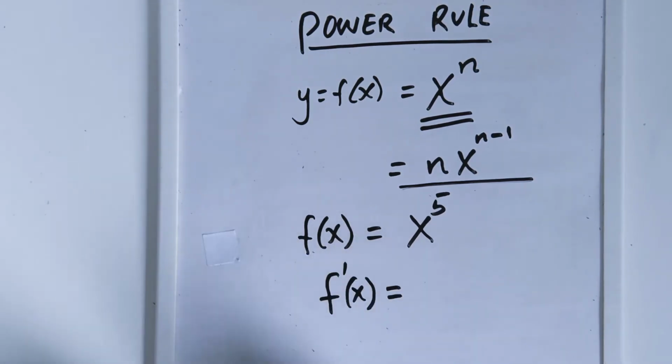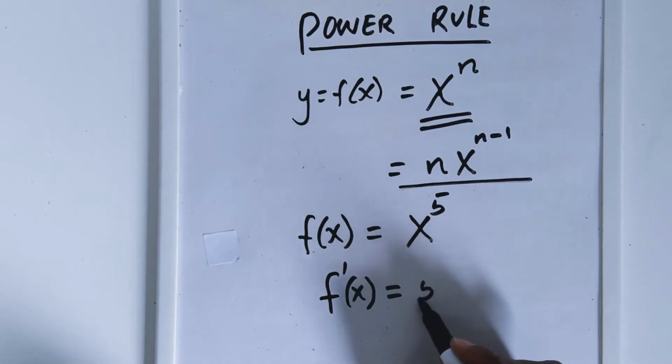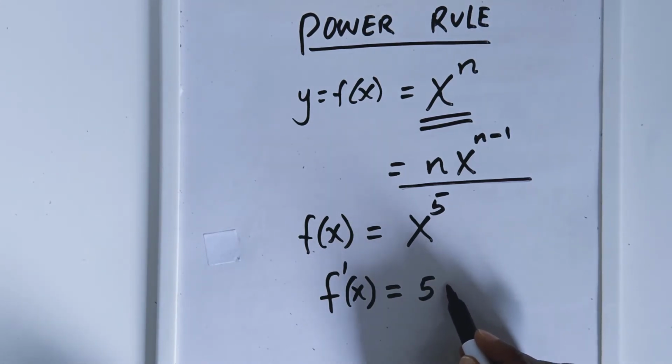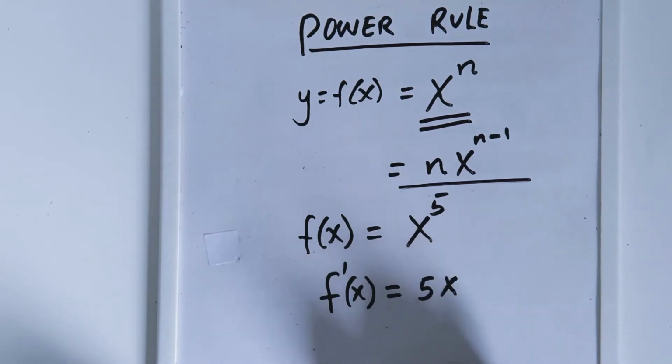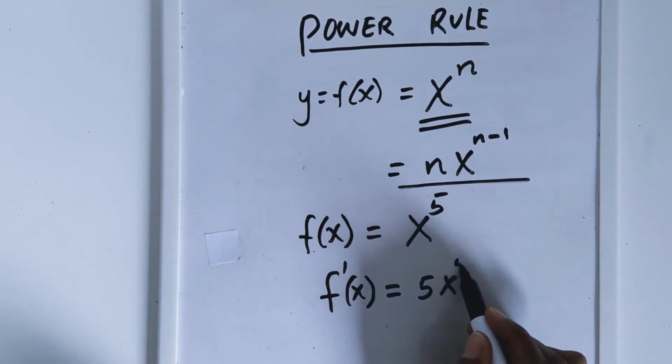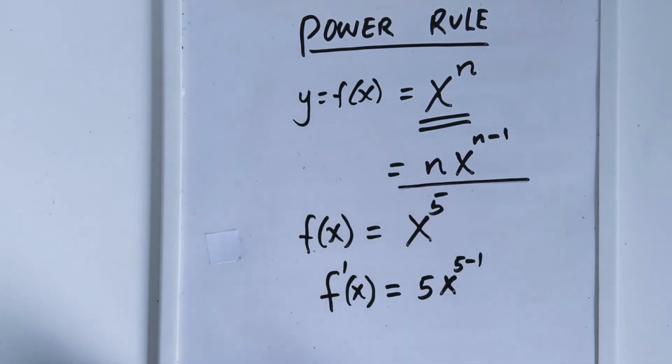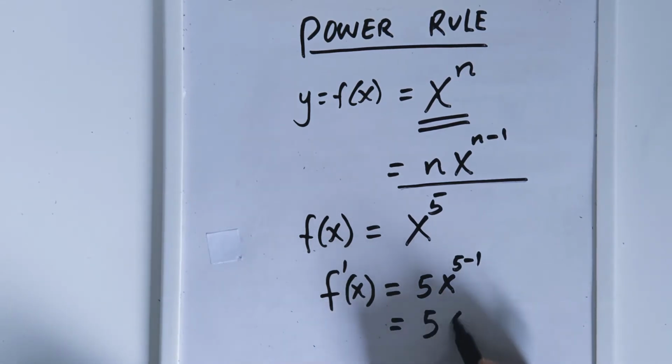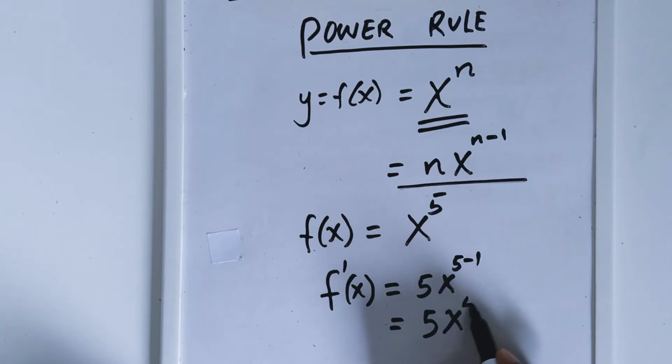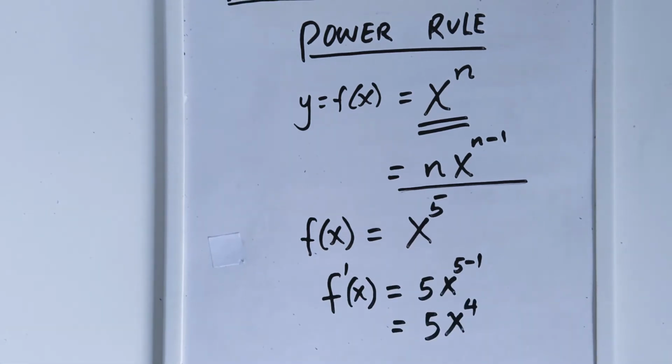Is equal to, bring the power down, 5 multiplied by x, reduce the power by 1, which is 5 minus 1. So this will give me 5x to the power of 4, 5 minus 1 is 4. So that is the derivative of this function.